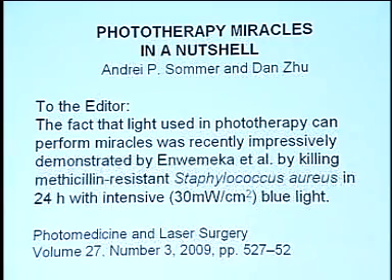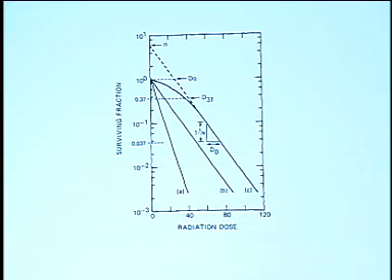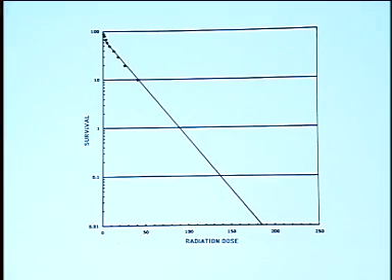If you take their original data at 10% and extrapolate it to 0.01%, you see that you need 185 joules per square centimeter of 470 nanometer light to kill these cells.